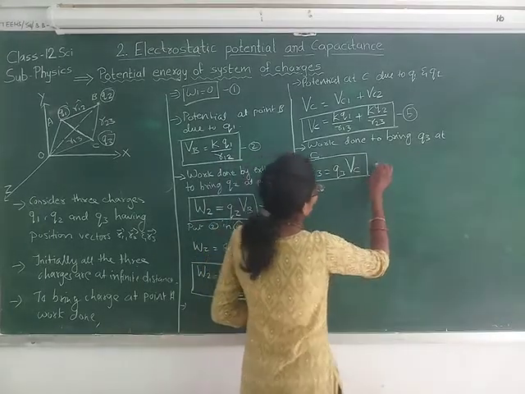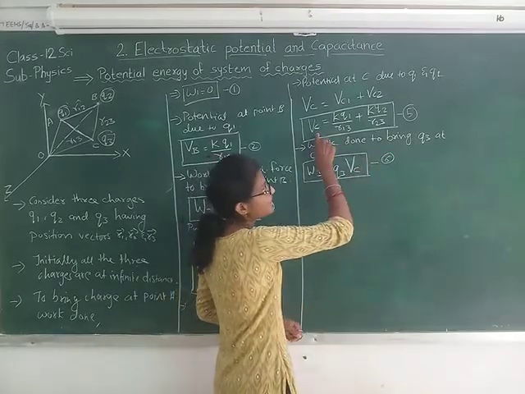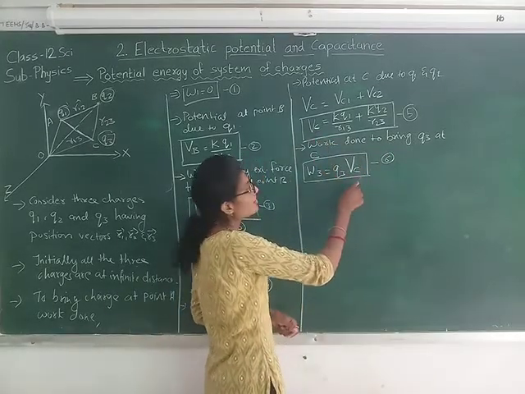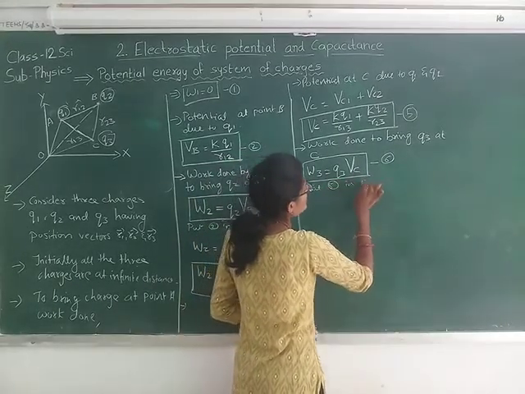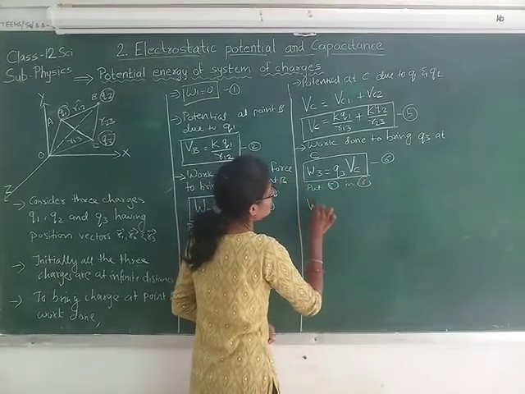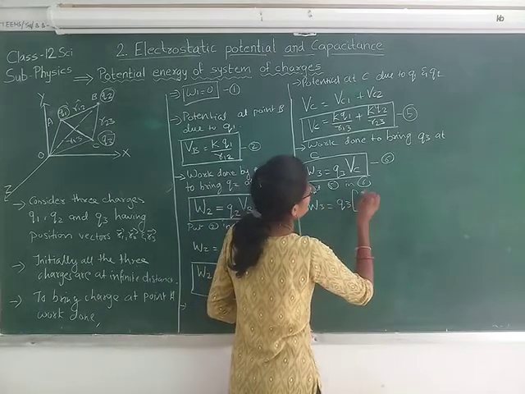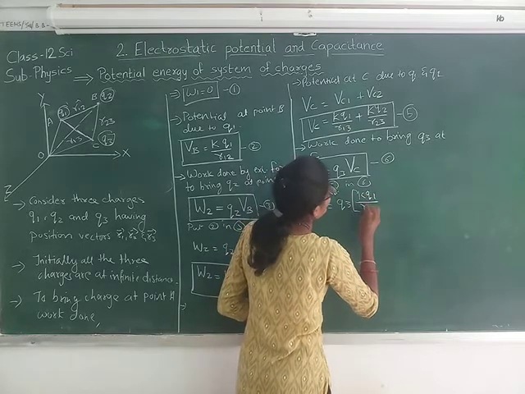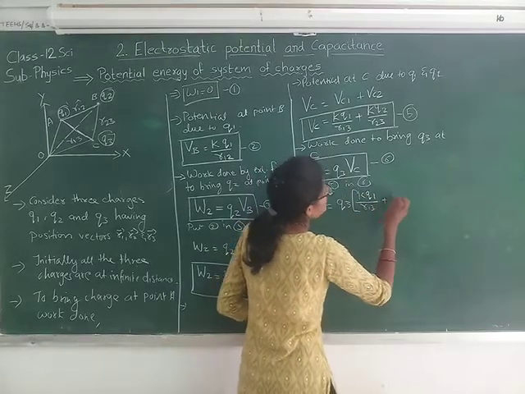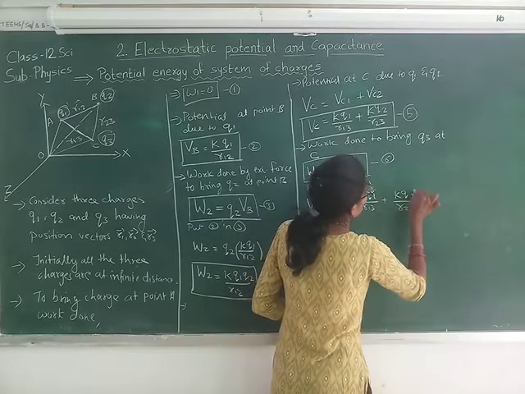That is equation 6. So substituting this value of Vc from equation 5 in equation 6, what we get? W3 equals Q3 times Vc. What is Vc? That is K Q1 upon R13 plus K Q2 upon R23.